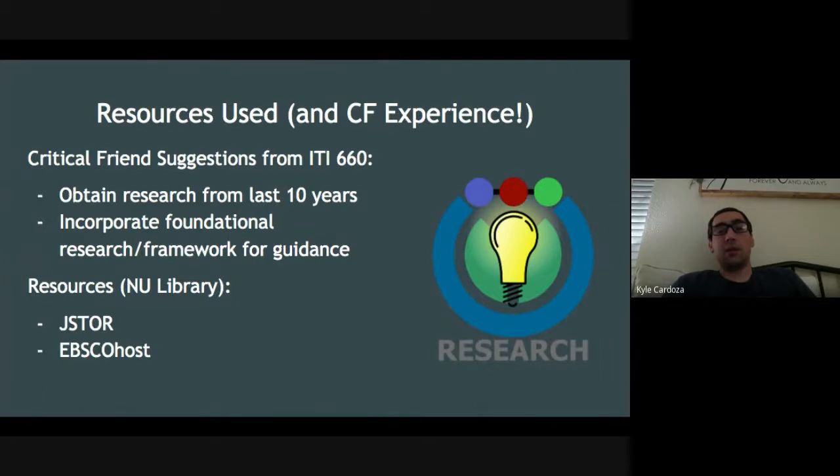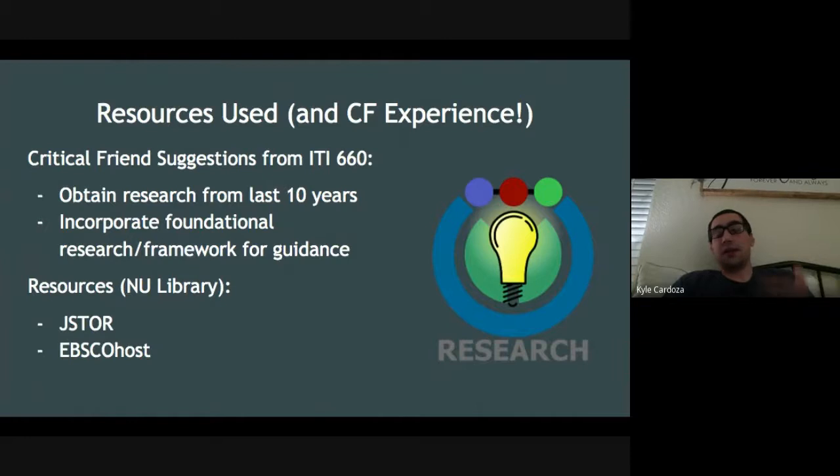Other people in this class may have had a different experience with JSTOR, but I personally prefer JSTOR to EBSCOhost just because there's a lot of research that has been done within the United States, whereas in EBSCOhost I saw a lot which was useful, so to speak, from other countries.